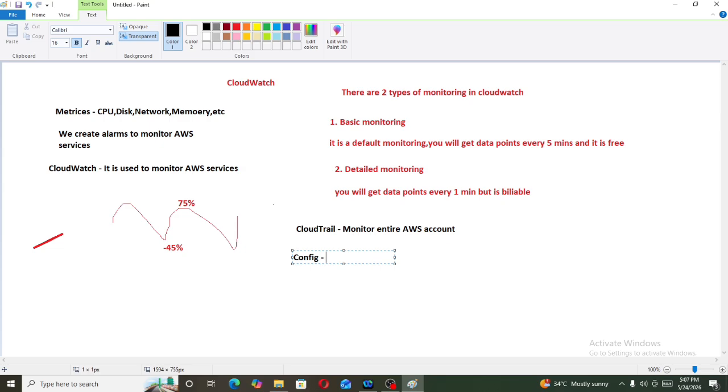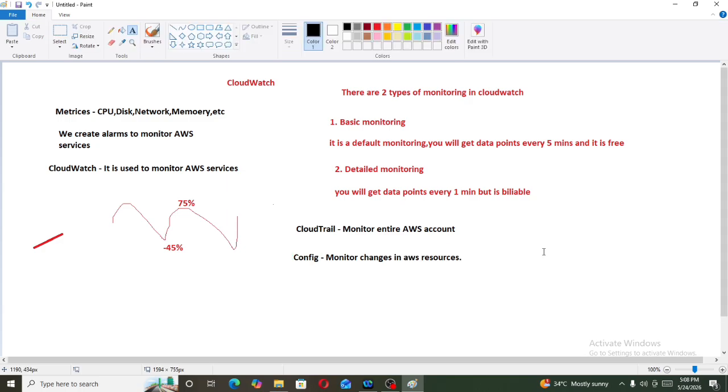Now the third service for monitoring in AWS is Config. Config is used to monitor changes in AWS resources. Whatever changes we make in AWS services like S3, EC2, Elastic Load Balancer will be monitored by Config.